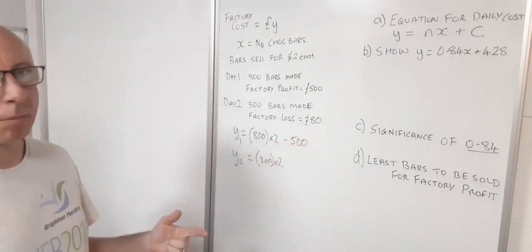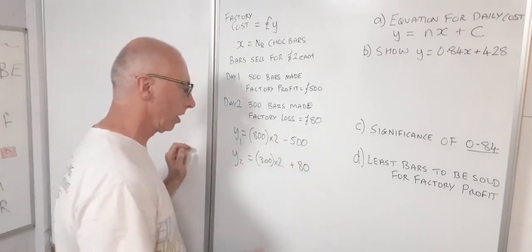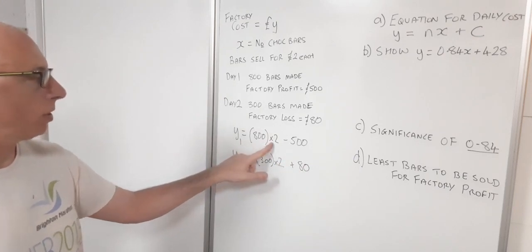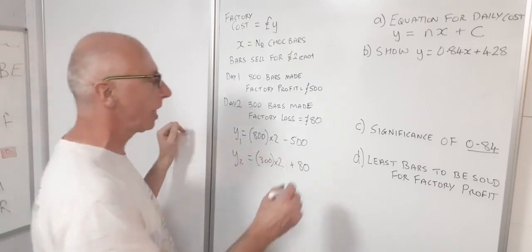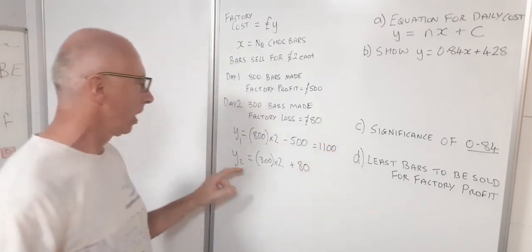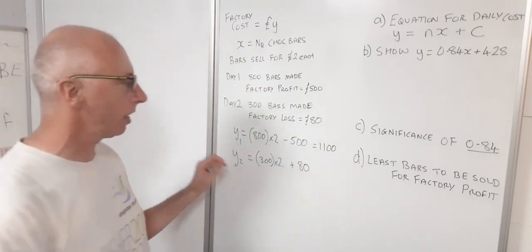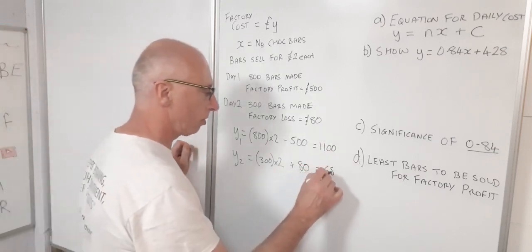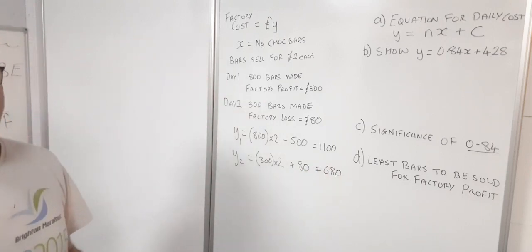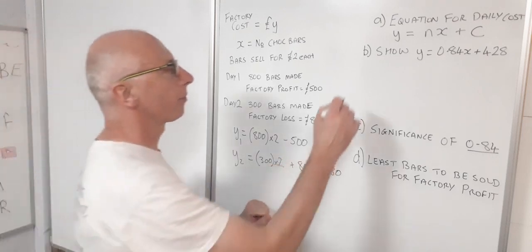So if the loss is £80, as a cost that becomes plus 80. Okay, so Y1, 800 times 2 is 1600, minus 500 gives me 1100. This is pounds. Y2 is 300 times 2 plus 80, that's 600 plus 80, £680.